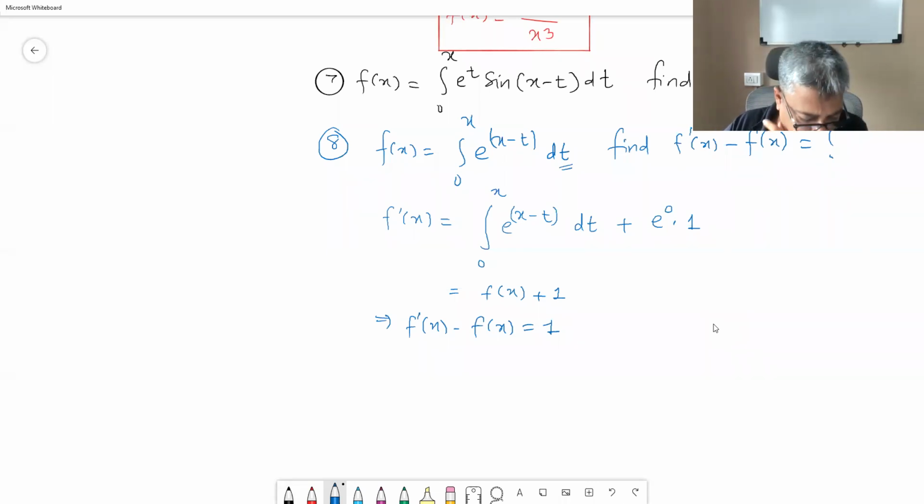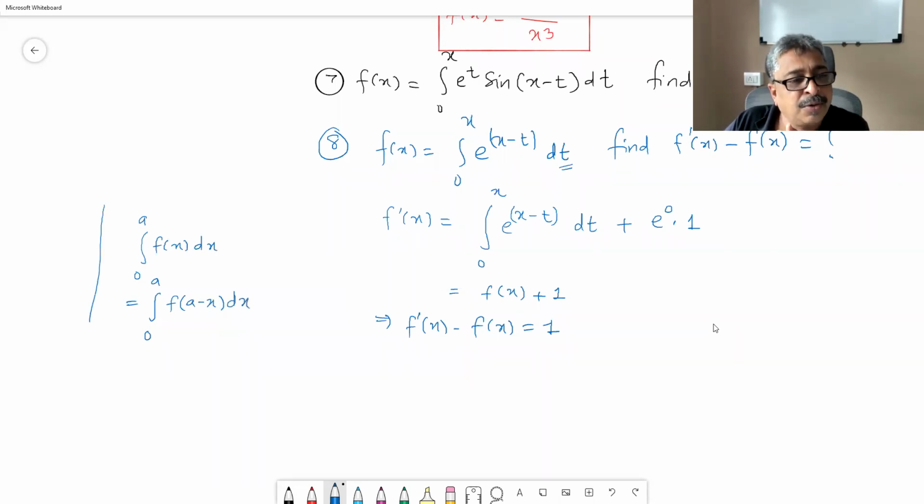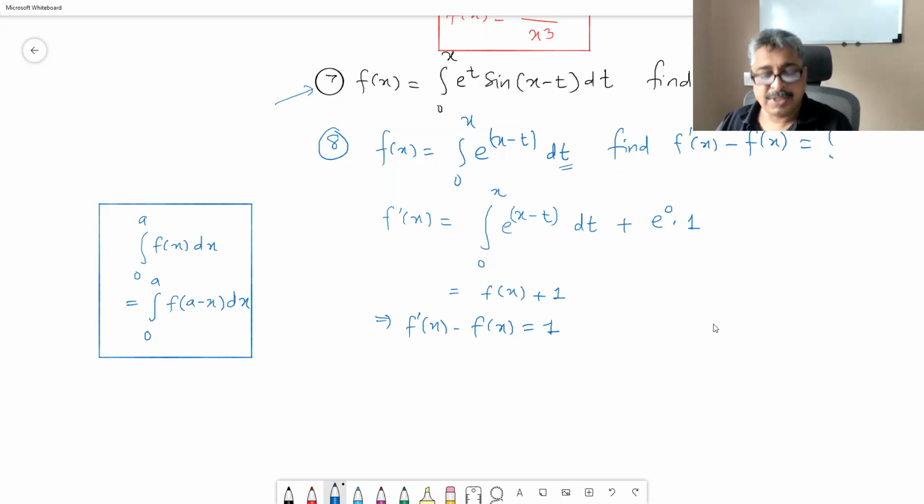So here what I will suggest is use this property of definite integral: integral 0 to a f of x dx is equal to integral 0 to a f of (a minus x) dx. Try to use this property first and then deal with this integral. That is my suggestion.